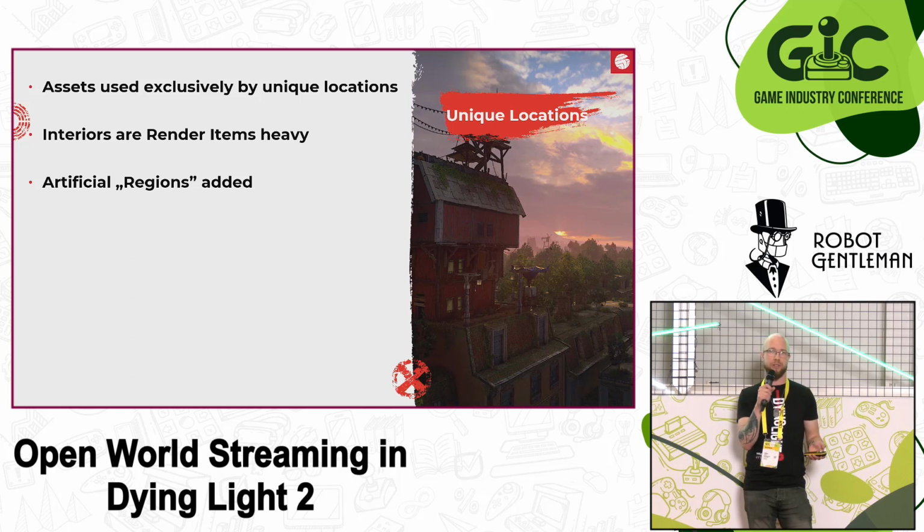Every unique location could be assigned to this virtual region that doesn't unload anything when we enter it. It just loads additional data that is used only in this unique location. So what we gained this way was that we at least had only assets from one unique location in the region loaded. If we had 3 or 4 different hubs, we only loaded those additional assets for one of them, the one that the player actually is near.